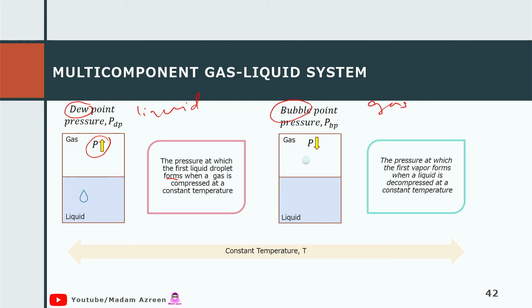And when you reduce the pressure, the liquid will escape to form a bubble, and that is called the bubble point pressure. This occurs at constant temperature.